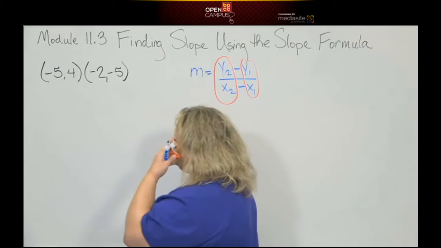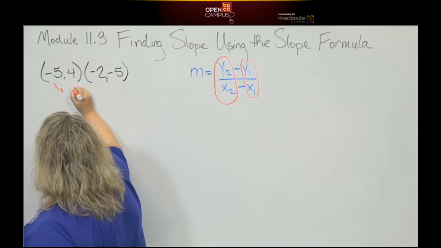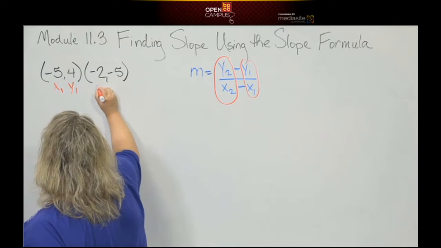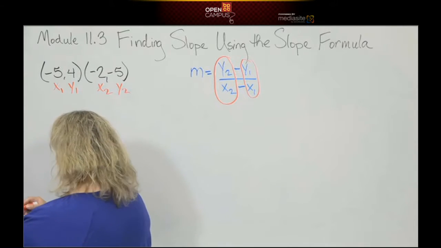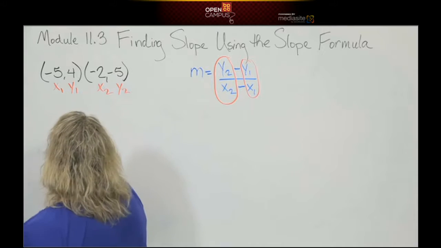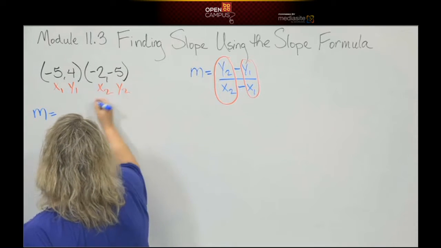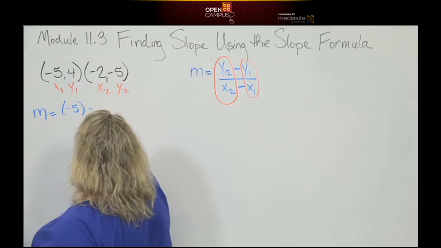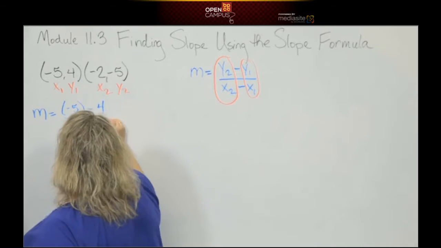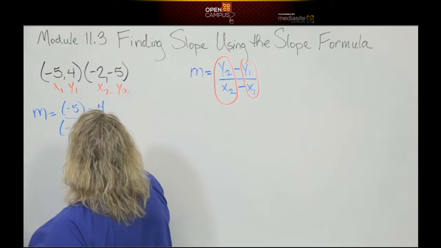that there's no difference. So first, I'm going to label this as x1, y1, x2, y2, so that we can work that out. So that gives me M is equal to y2, which is -5, minus y1, which is 4, over x2, which is -2, minus x1, which is -5.